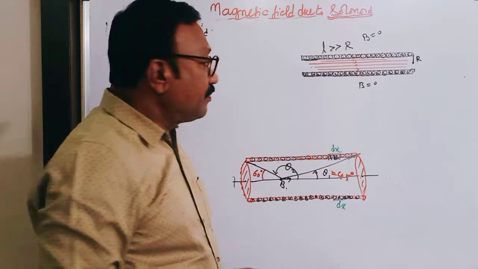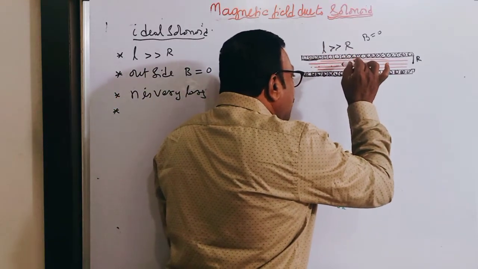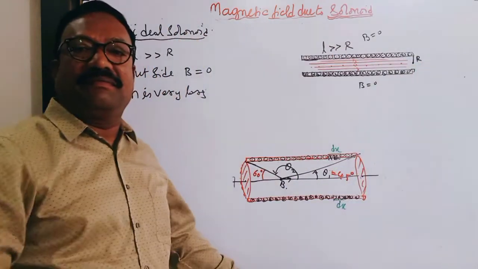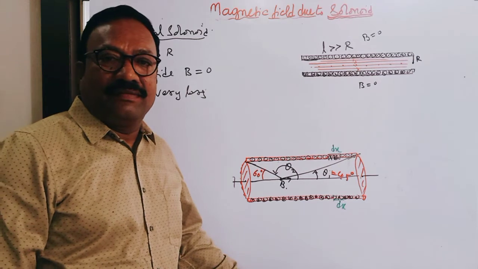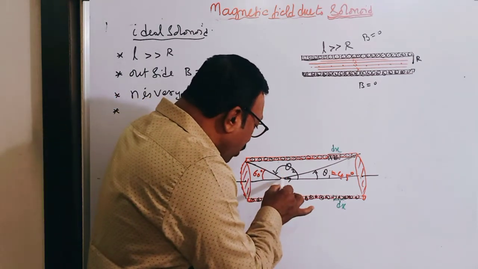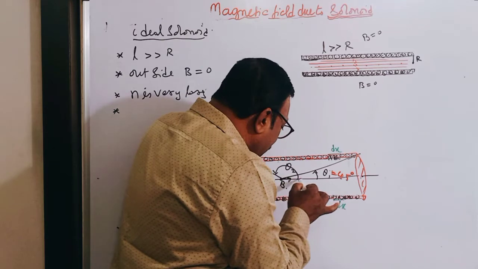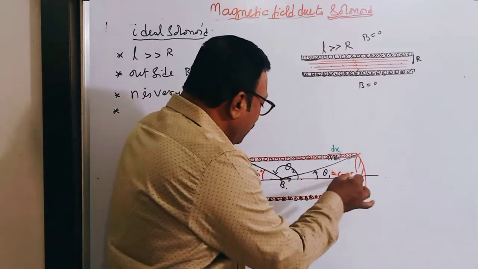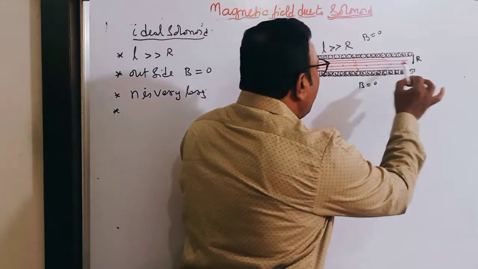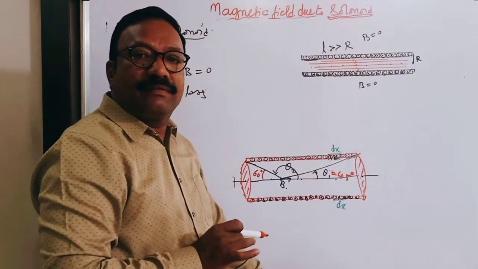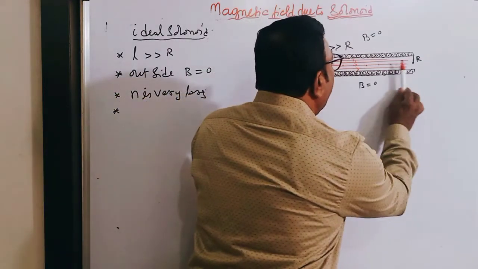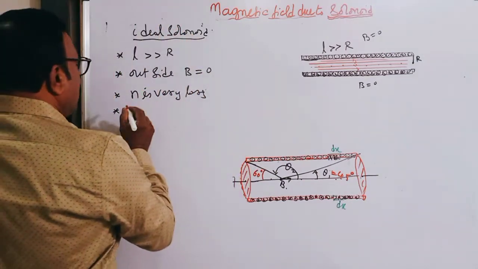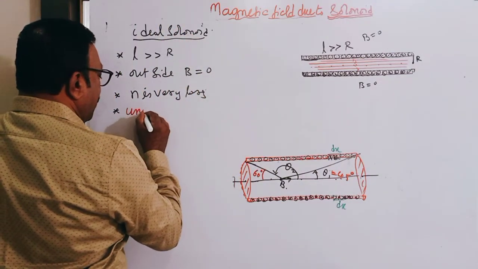That means at every point here, the magnetic field is the same, both in magnitude and direction. Whereas in the non-ideal solenoid, if you change the position of this point, then theta 1 and theta 2 will change and the magnetic field will change on the axis. But here the magnetic field on the axis remains constant. A uniform magnetic field exists along the axis of the solenoid.